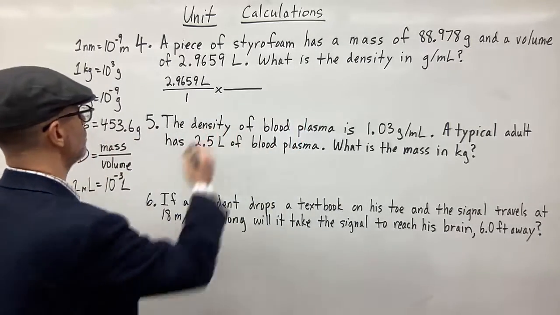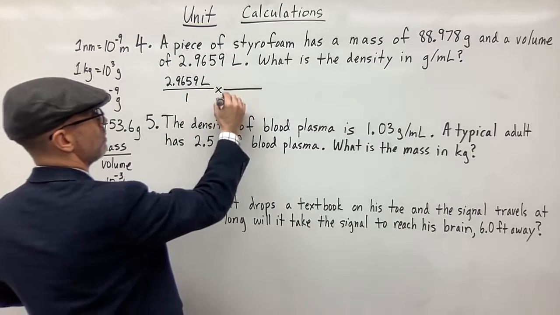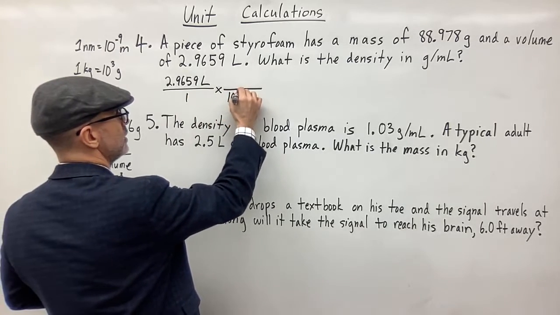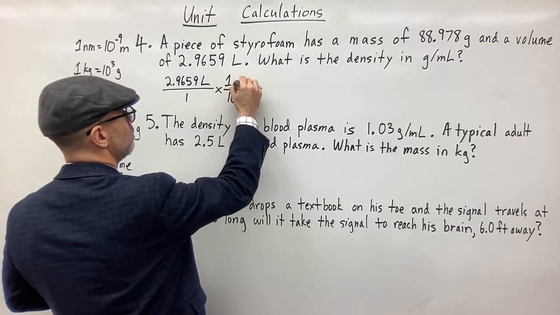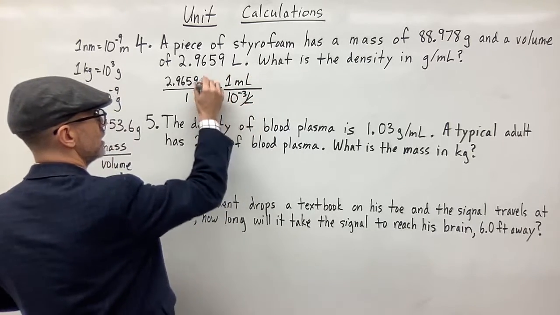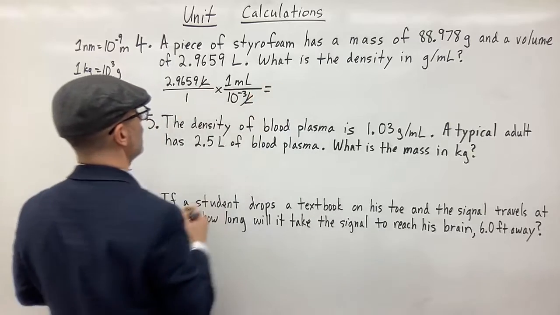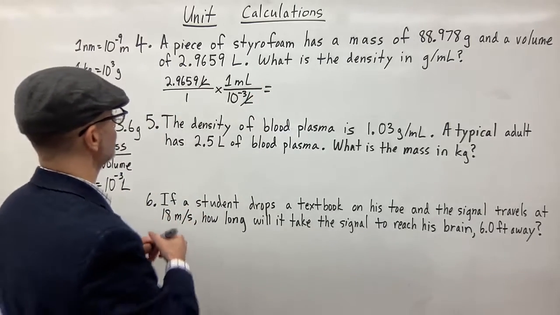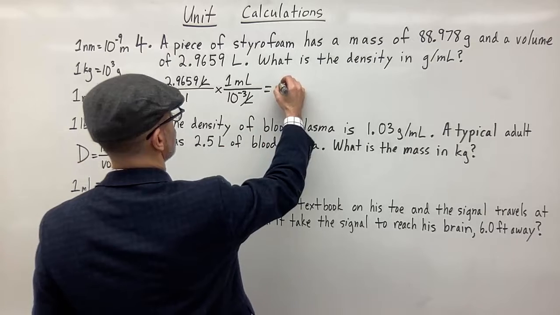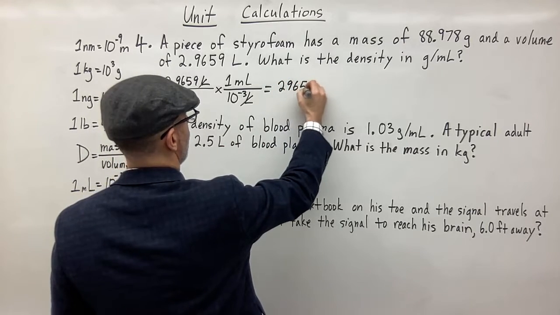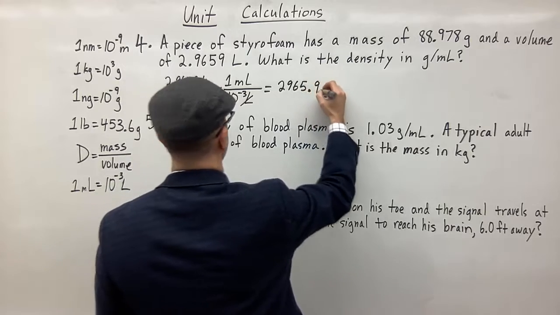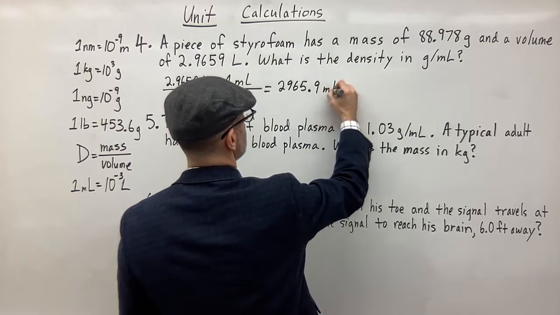So since I have liters on top, I'm going to put 10 to the negative 3 liters on the bottom and 1 milliliter on top. So liters cancels out. And when I calculate this, so basically this is going to end up being 2965.9 milliliters.